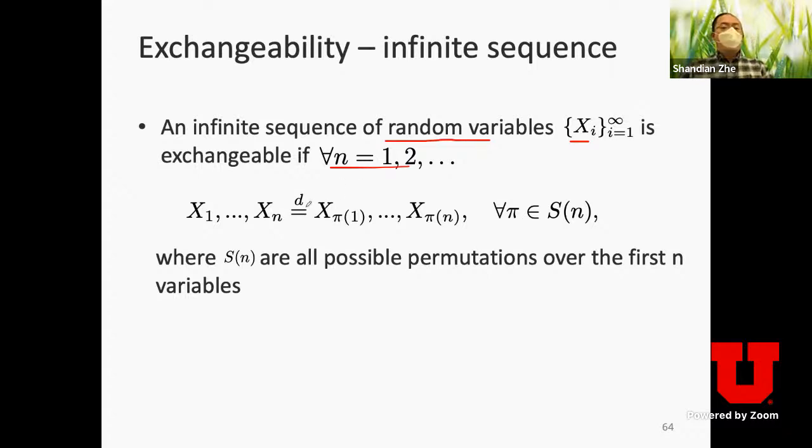This is called exchangeability in infinite sequences. This definition is very important in theory, but you only need to know the definition. We won't use it to do any proof.